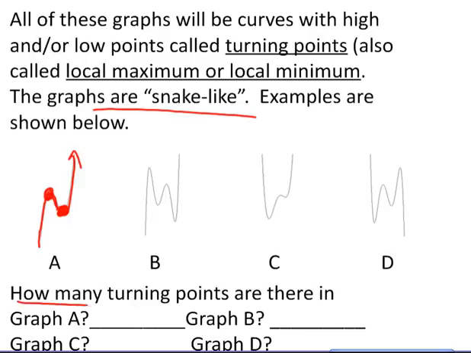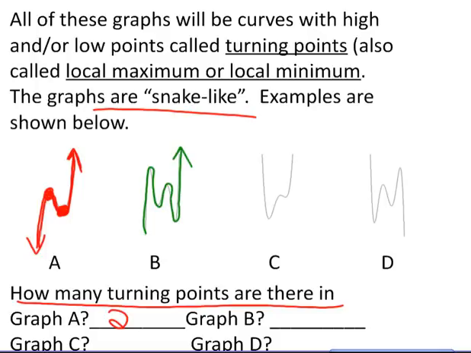So right now we want to figure out how many turning points there are. If we look at graph A, we go up, turn, down, turn, and go up again. Graph A has 2 turning points. If we look at graph B, we go up, turn, turn, turn, turn, and go up.